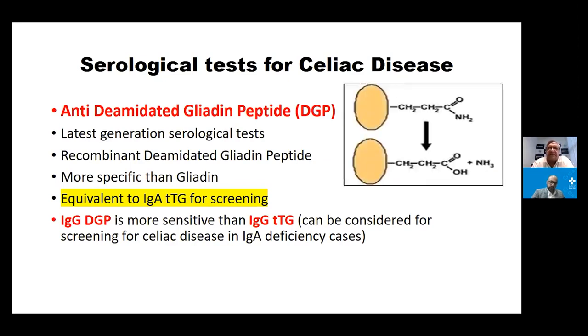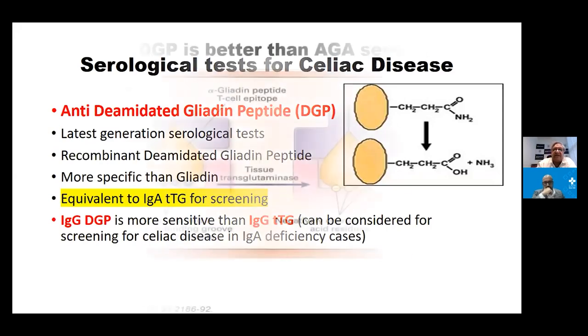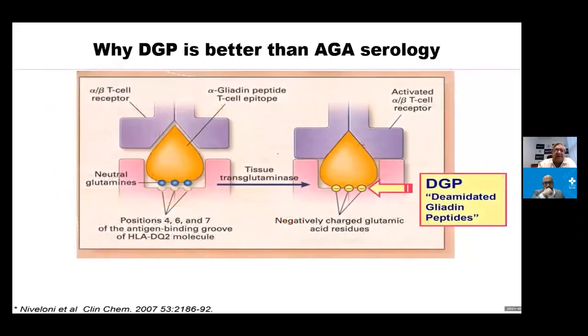And this is why gliadin did not work, and why deamidated gliadin peptide is the best one, is because the terminal amide molecule is removed, making this more specific for gliadin. Here is a dramatic version of what is happening.